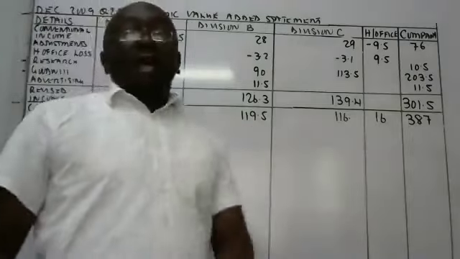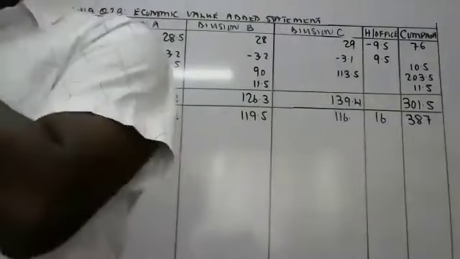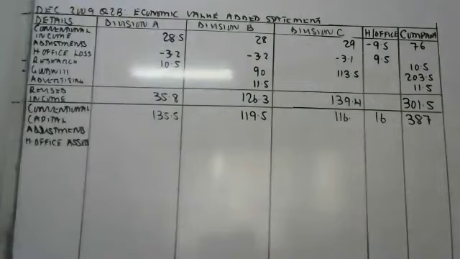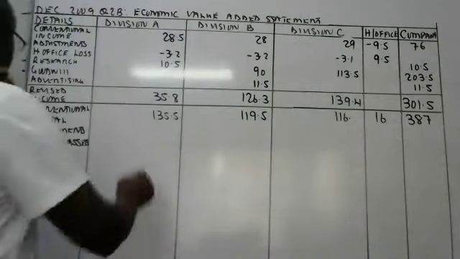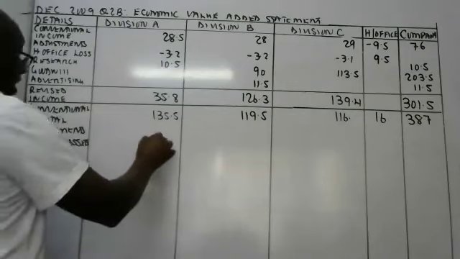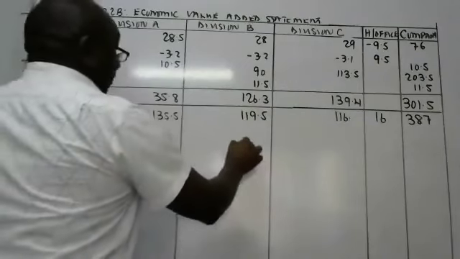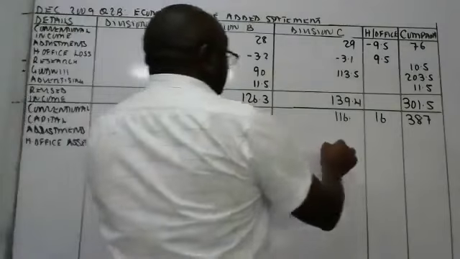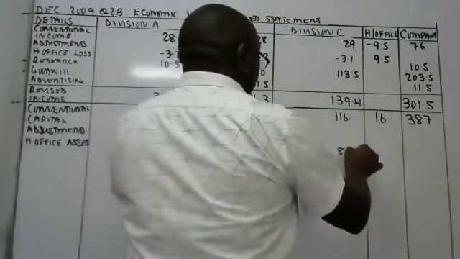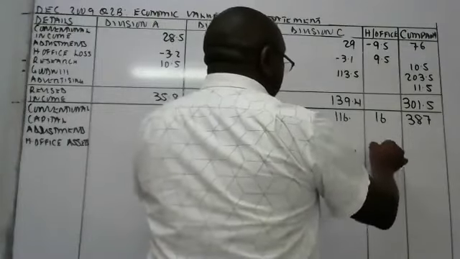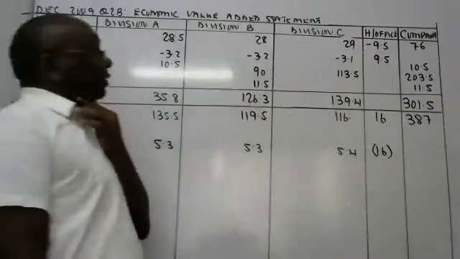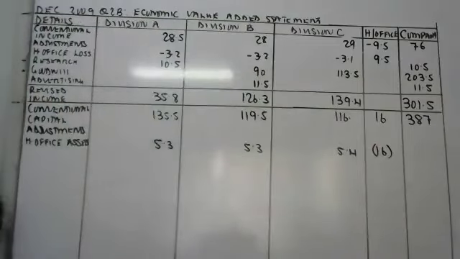So 16 divided by 3 is 5.3. So here put 5.3, upper 5.3, and this one should be 5.4, so that they add back to 16. You are negative. So that's going to make 12.